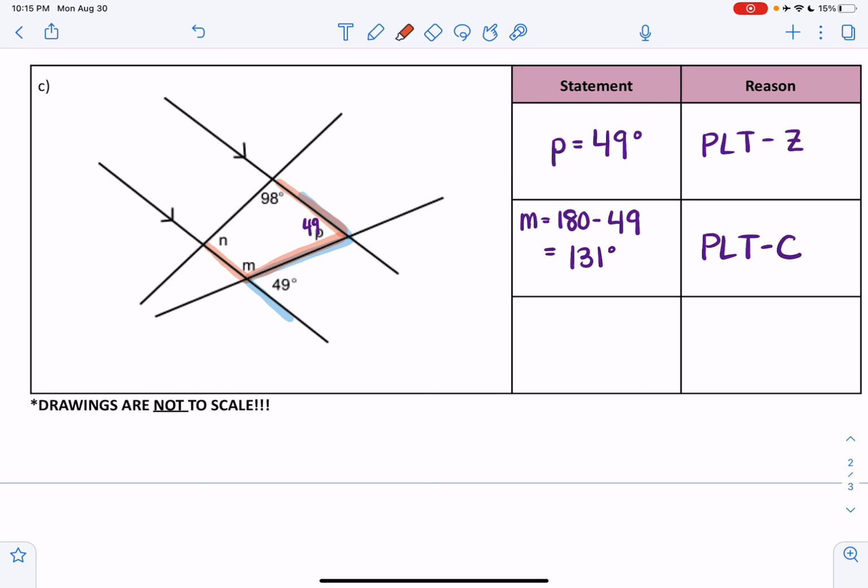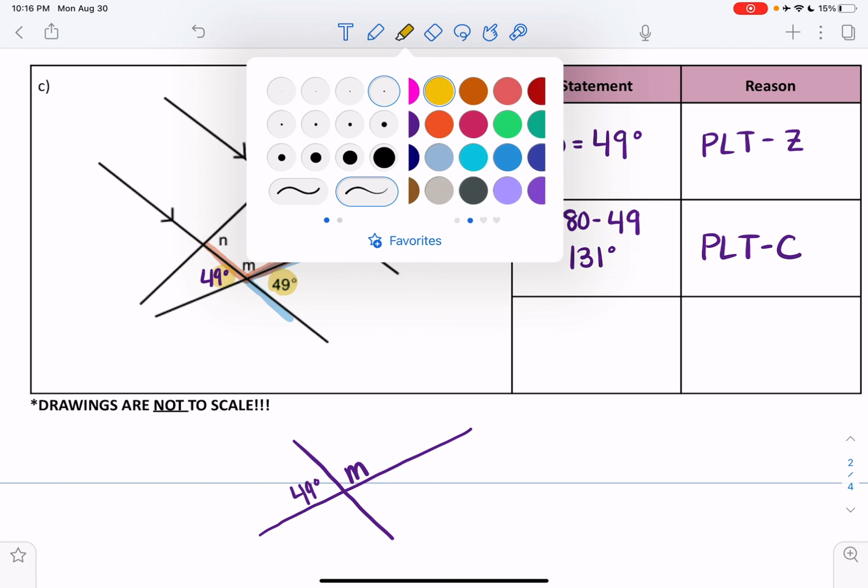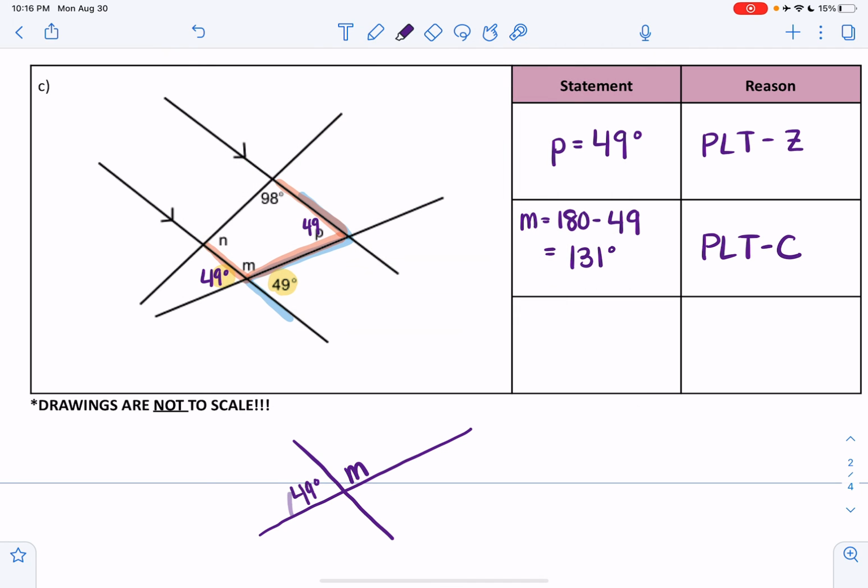Now there is another way you can find M that I do want to quickly talk about. For M, we can also use what are called supplementary angles. Here, because these are opposite, this would also be 49, right? Because they're opposite and right across from each other. So we have 49 over here, M over here. Now in a straight line like this, the whole angle is 180 degrees.